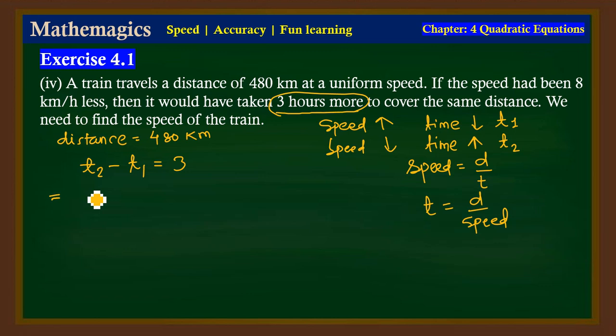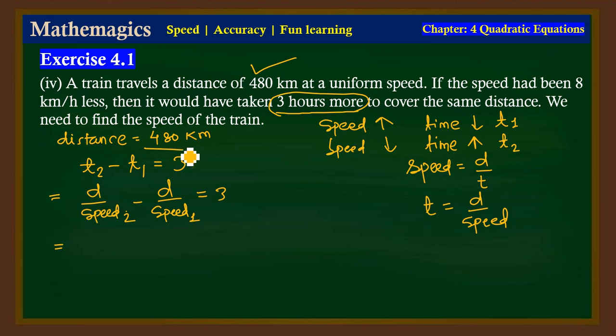So t2 is equal to distance upon speed 2, minus t1, which is distance upon speed 1, is equal to 3. So dear friends, here the distance is already fixed, that is 480 kilometer.